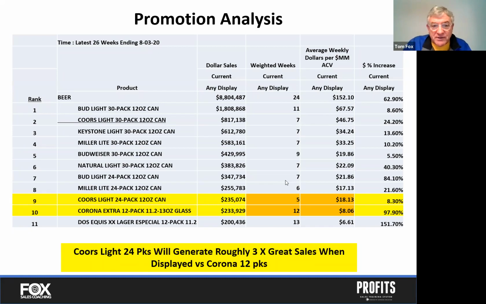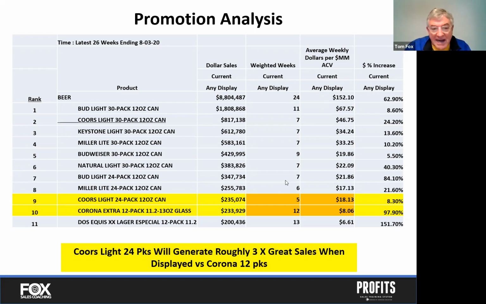So let's just look at, as an example, Coors Light compared to Corona. Corona got 12 weeks of display support. Coors Light only got 5, but on a velocity basis, and this particular velocity measure is called dollars per million, which basically says for all of the volume that comes off displays, say a fictitious $1 million, how much of that million will be contributed by different SKUs?